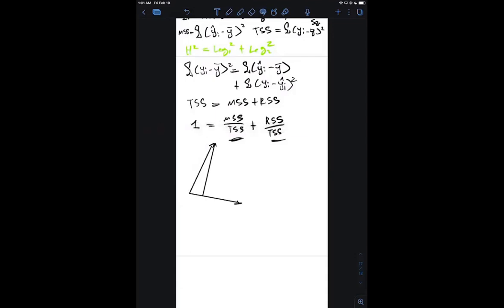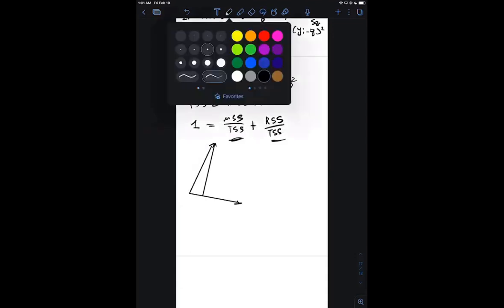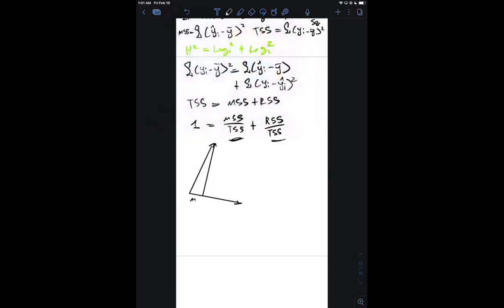So in this case, notice that this ratio, MSS over TSS here, is small, whatever that exactly means. So that's an example where the vectors are angularly distant, and simultaneously, that also means that the share of explained variance is small.